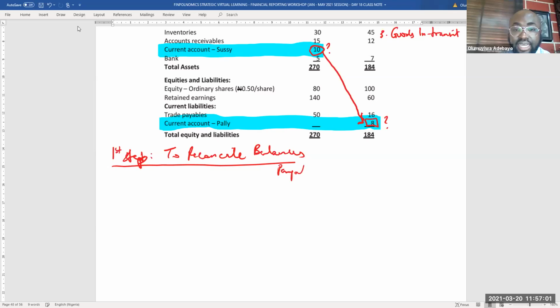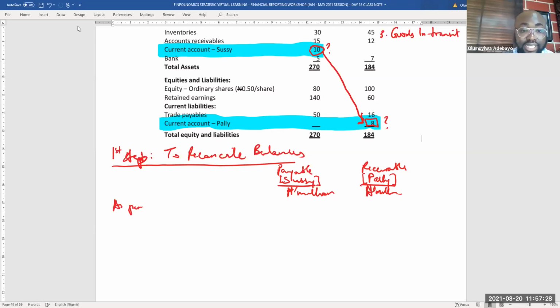I go into the payables account. I go into the receivables account. Who has a payable? Susie. Who has a receivable? Pali. Now let's look at the account as per what is in the individual books, as per individual accounts.